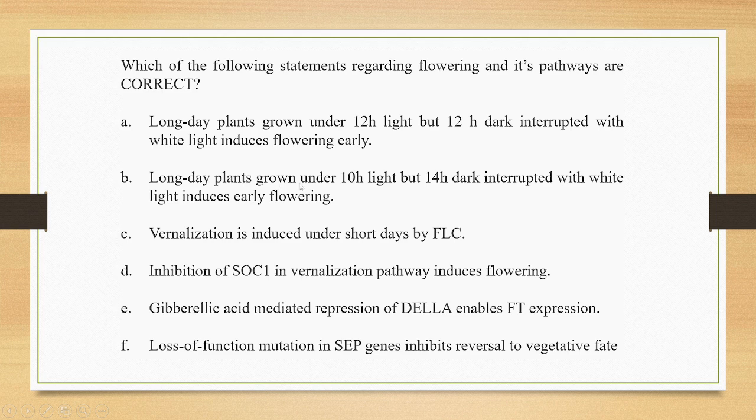Long day plants which are grown under 10 hours of light but 14 hours dark interrupted with white light induces early flowering. Vernalization is induced under short days by FLC. Inhibition of SOC1 in vernalization pathway induces flowering. Gibberellic acid mediated repression of DELLA enables FT expression. Loss of function mutation in the SCP genes inhibits reversal to vegetative fate.